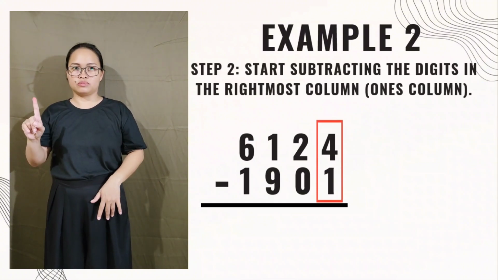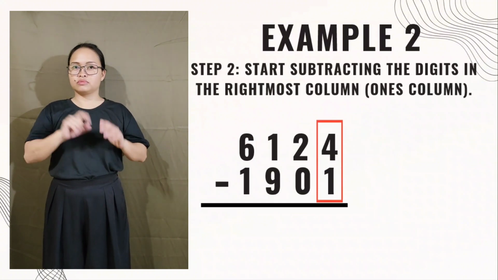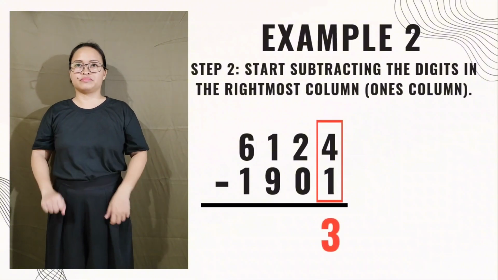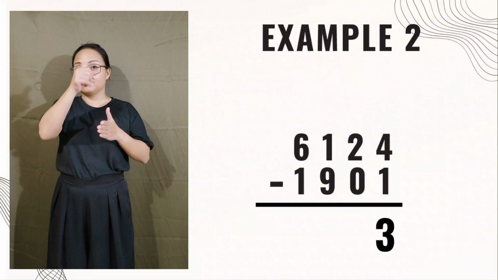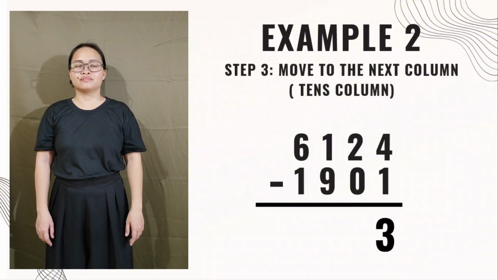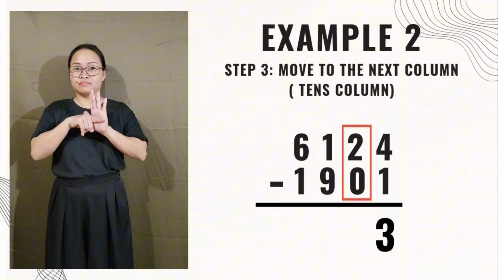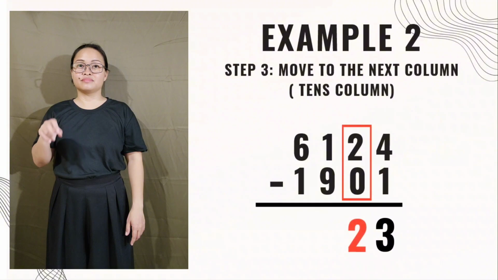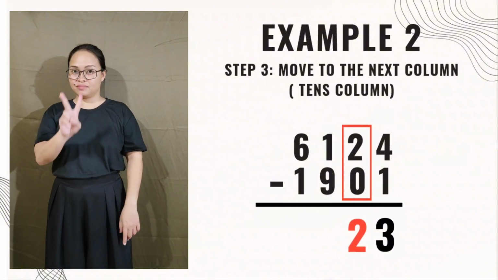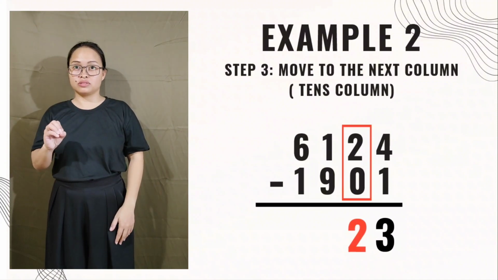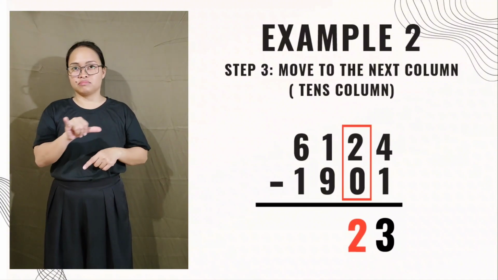Let's take away 1 from 4. Now we are left with 3. Next, 2 minus 0. That would be 2, since any number from which 0 is subtracted, the answer would be the number itself.